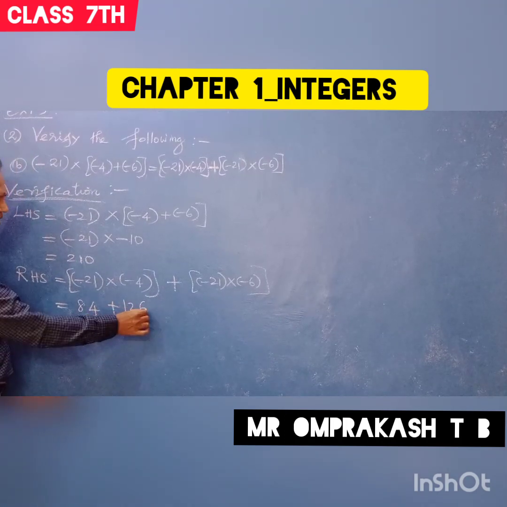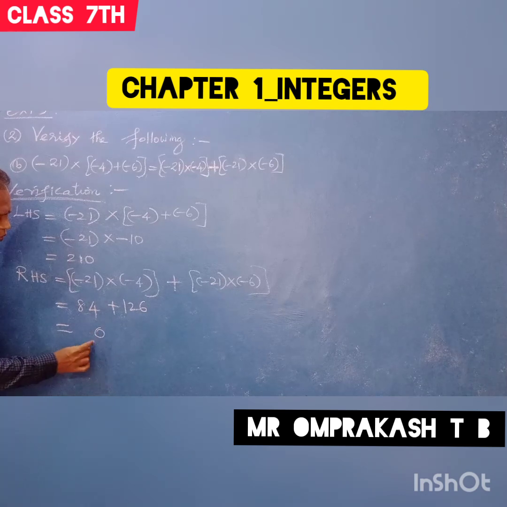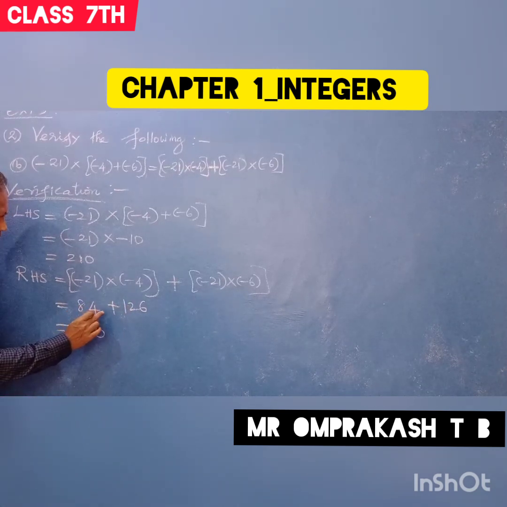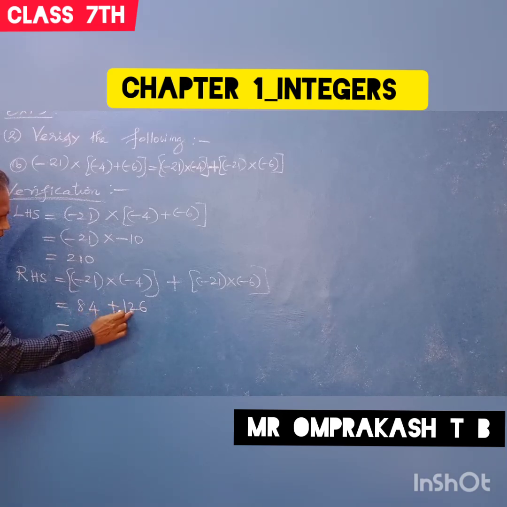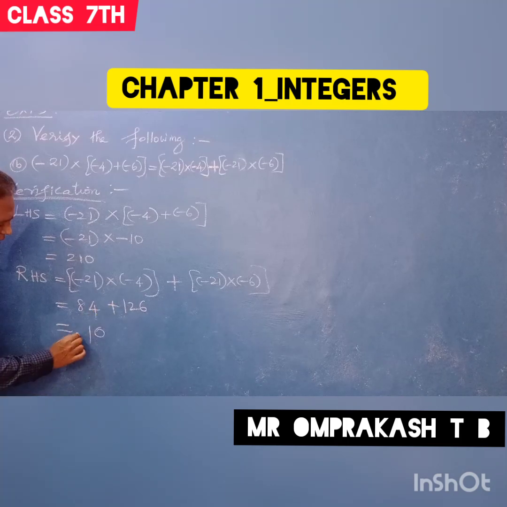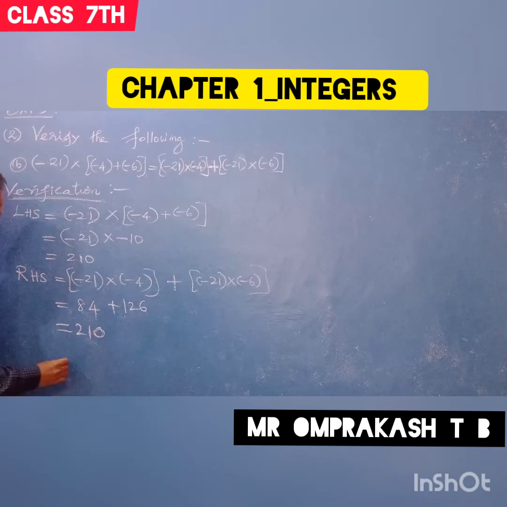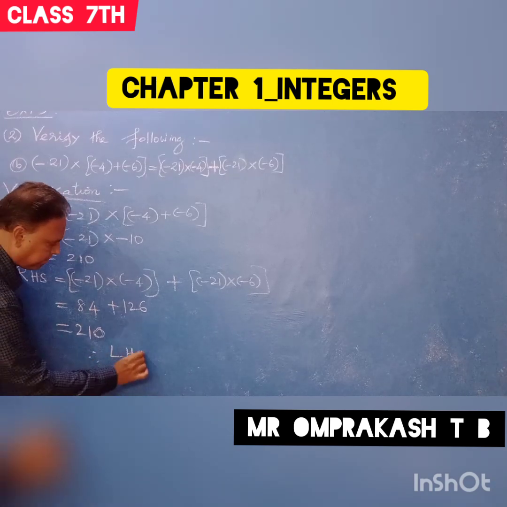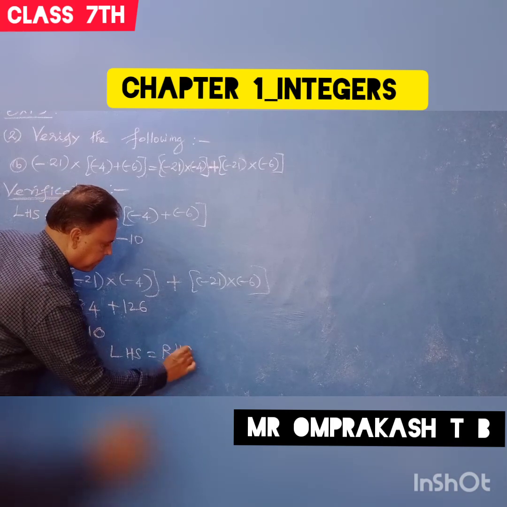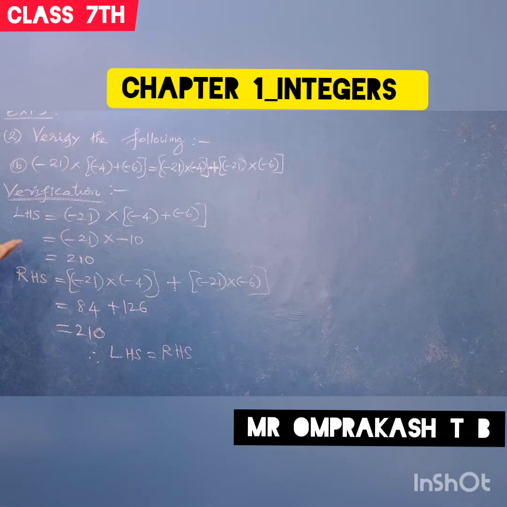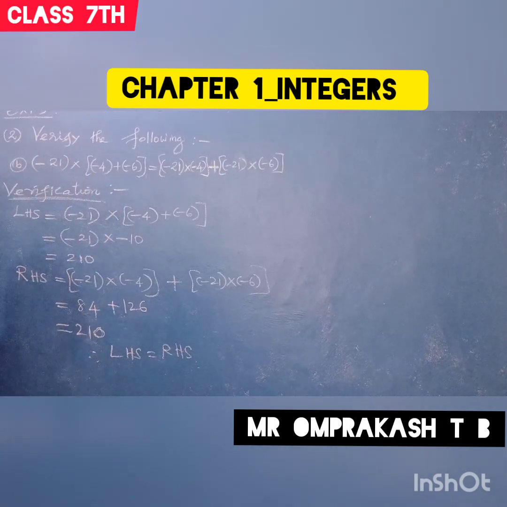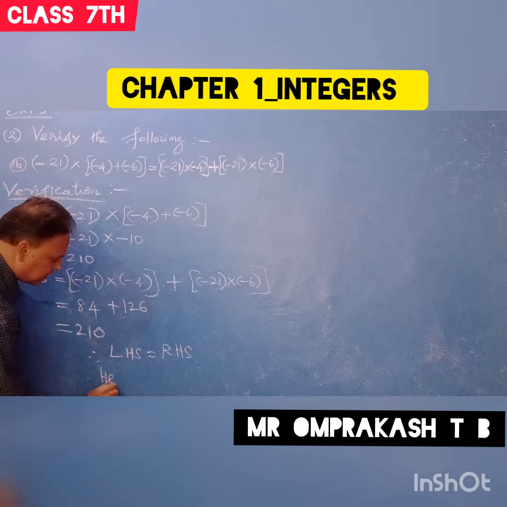Okay, now you add, and see: 4 plus 6 is 10, 0 carry 1, then 8 plus 2 is 10, plus 1 is 11, then 1 carry, 210. Correctly we are getting 210. Therefore LHS equals RHS. Hence verified.